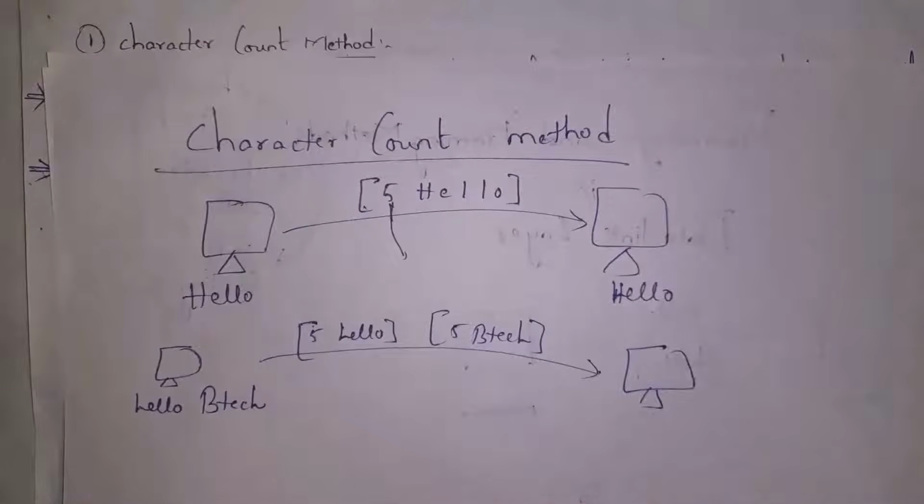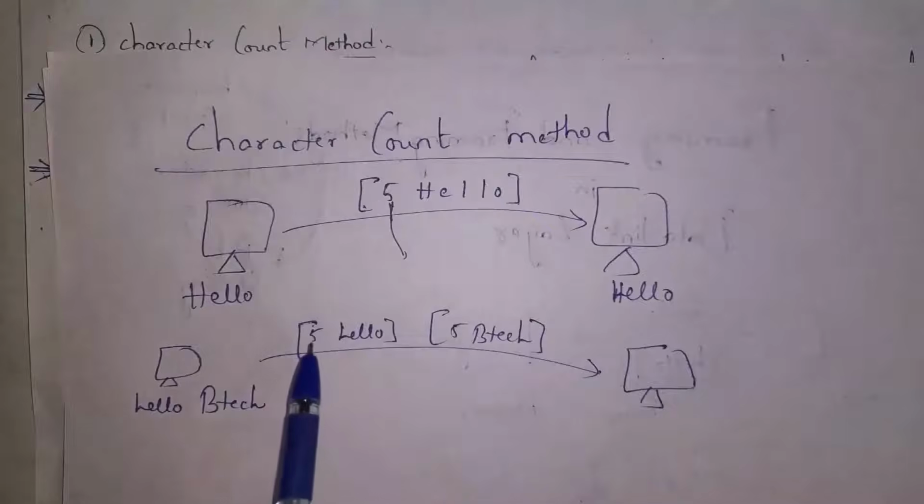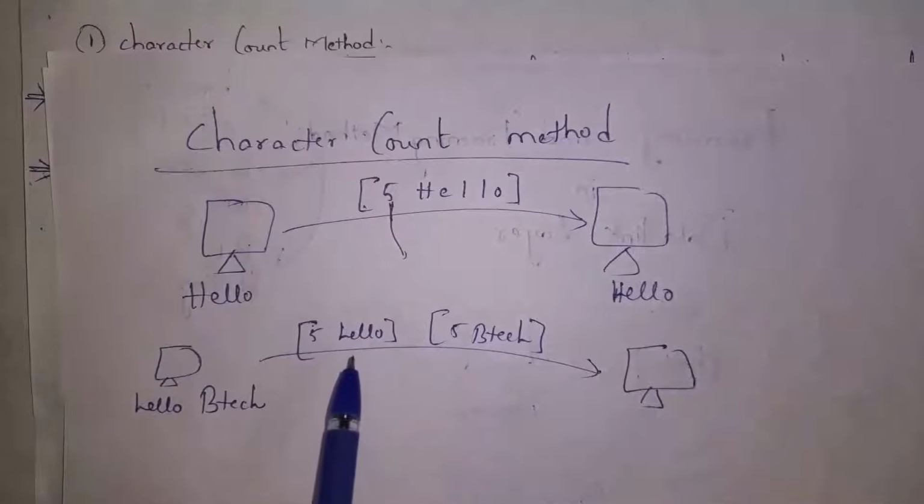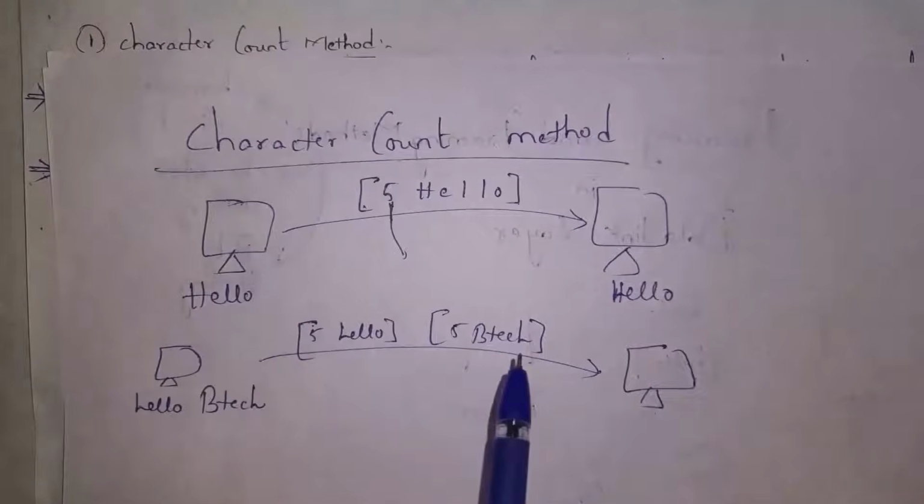For example, the sender will send hello btech. Whenever the sender sends hello btech, the character count method will convert the data to 5 hello and 5 btech. This 5 is the count of these characters, and similarly, 5 is the count of these characters: hello, a total of 5 characters, and btech, a total of 5 characters.